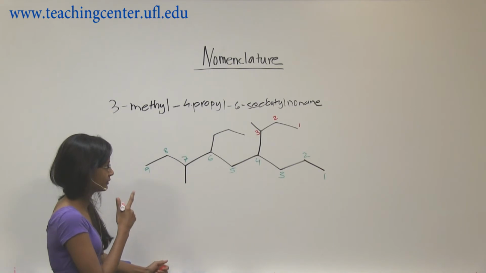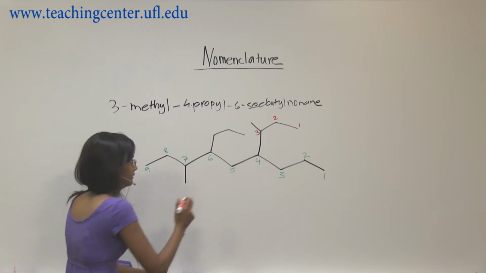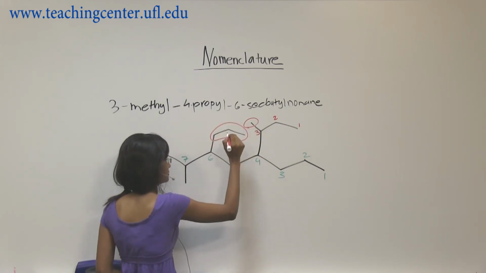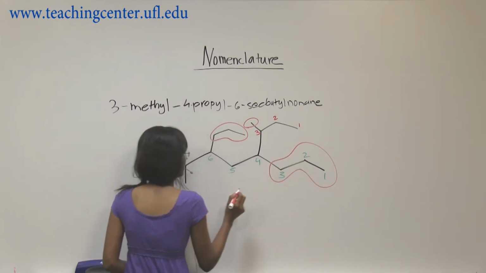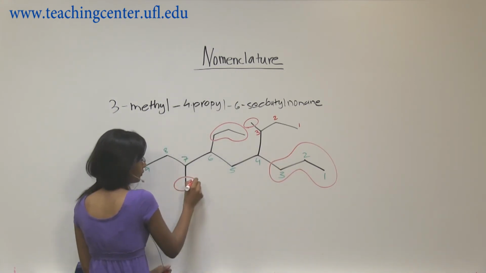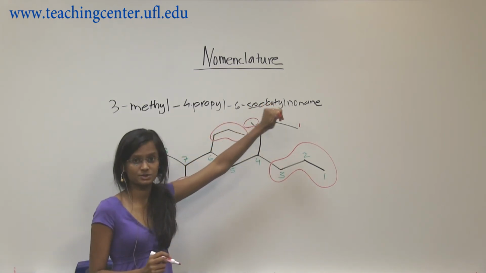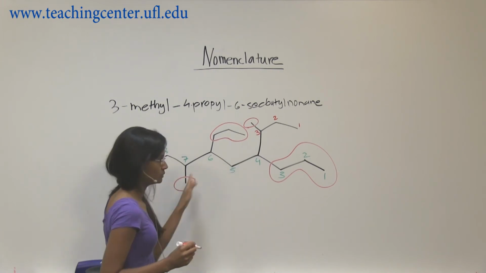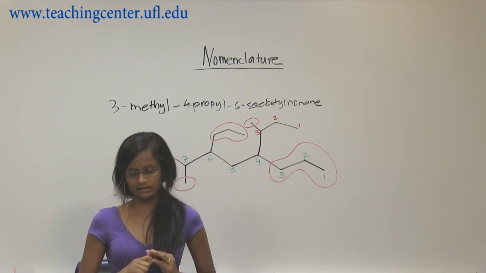So if you follow the red way, you'll notice now we have 1, still have this 2, 3, and 4 substituent. Here we had 1, 2, and 3 substituent. So this one is better. The red way is better than the green way, the original way. That's why that name was wrong.